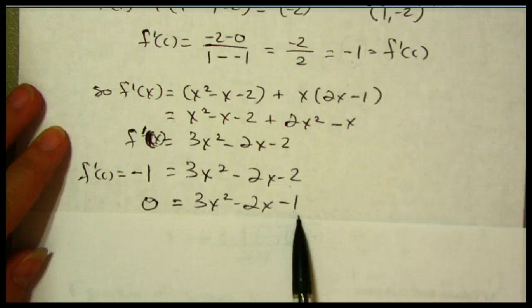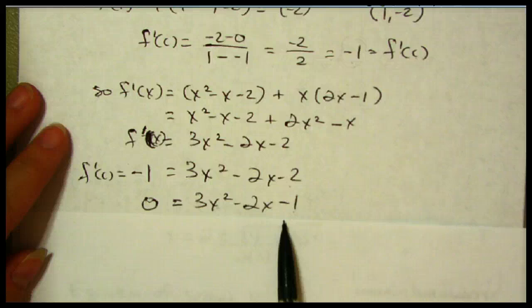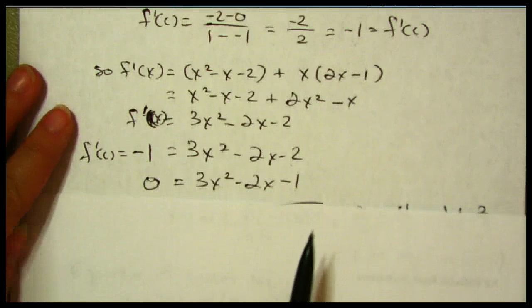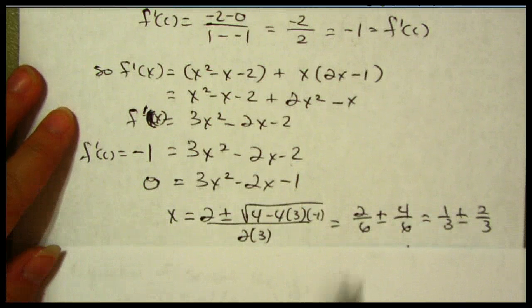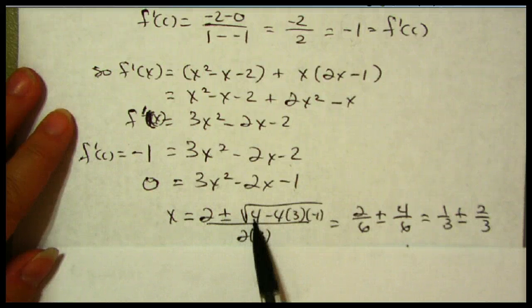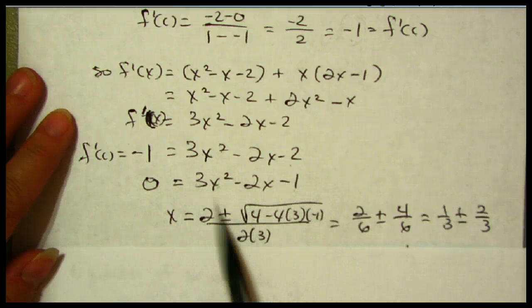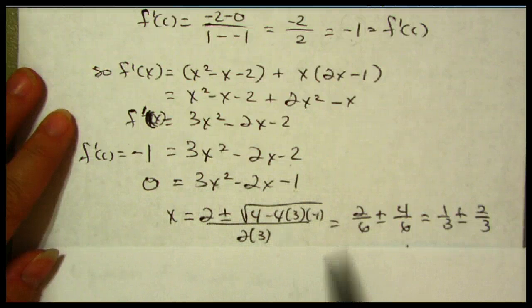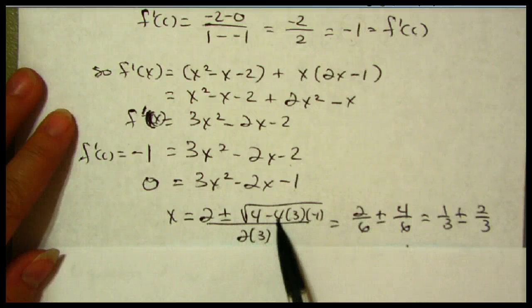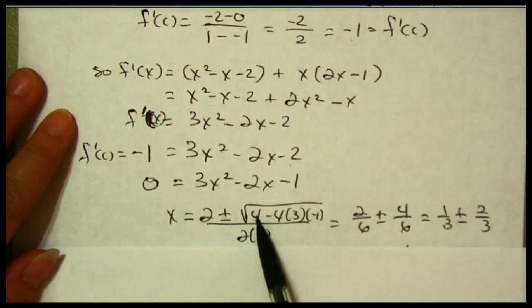To solve a quadratic in order to find that x or that c, I would try to factor, but this is not factorable, so I'm going to use the tried and true quadratic formula. -b plus or minus the square root of b squared minus 4 times a times c, all over 2 times a. So I get 2/6 plus or minus, that becomes positive, that's a 12, plus 4, that's 16.